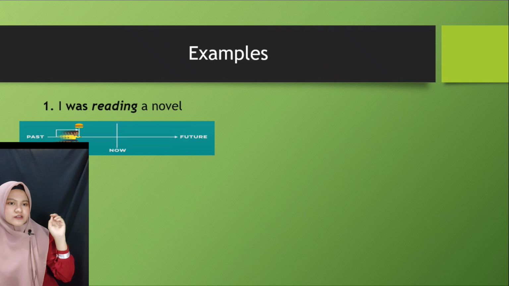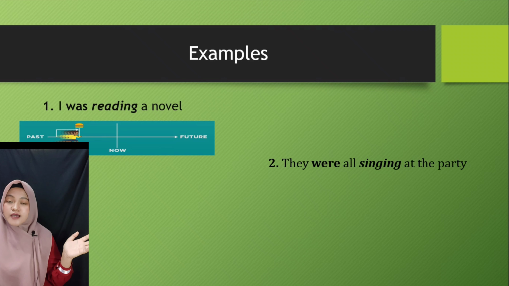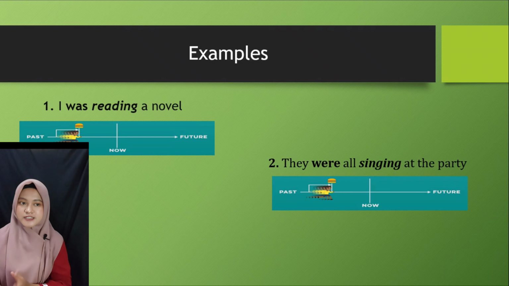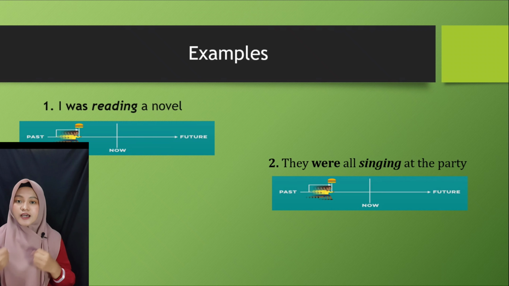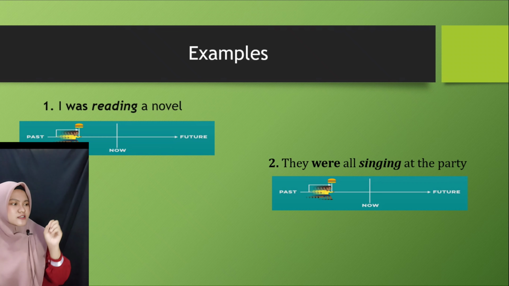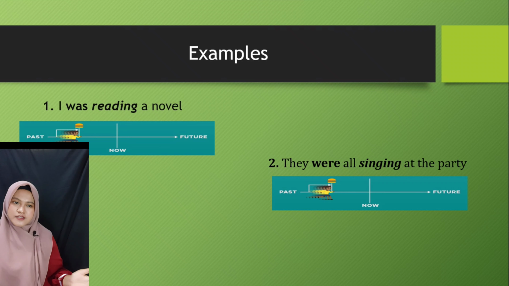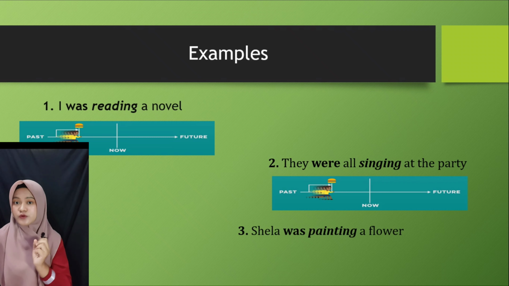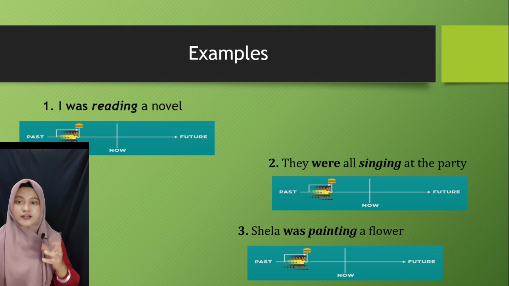For the second, "They were all singing at the party" means that they were all singing at the party in the past and are still singing at the party until now. And for the third, "Stella was painting a flower" means that Stella was painting a flower in the past and is still painting a flower until right now.